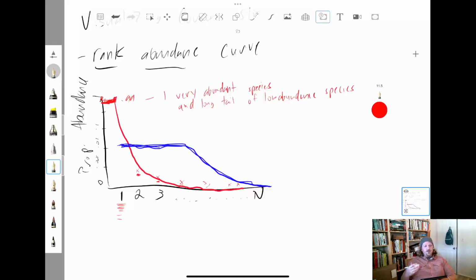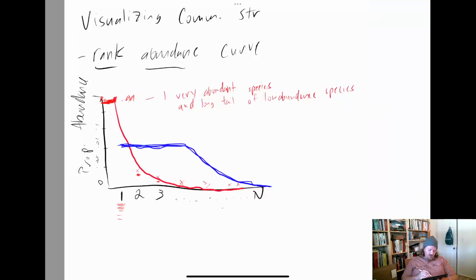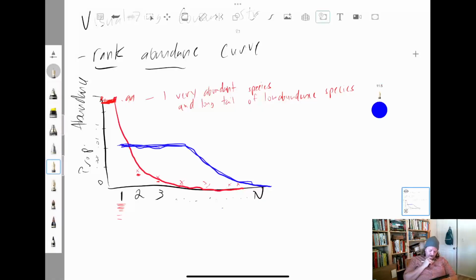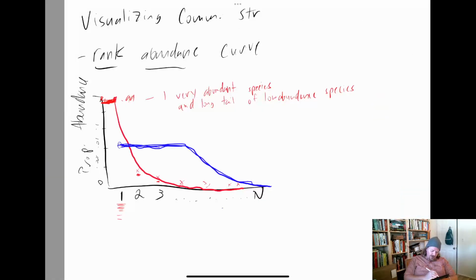One species dominates most of the individuals, right? Alternatively, in the blue rank abundance curve, the most abundant species is like 10%, and the second most is like 9%, and the third most is like 8%, and the fourth most is like 7% and 6%, and then it drops off with a tail of less abundant, lower rank species.